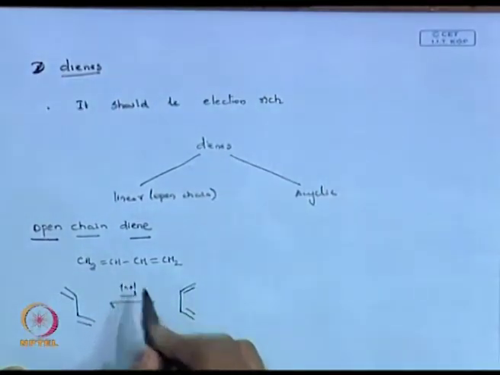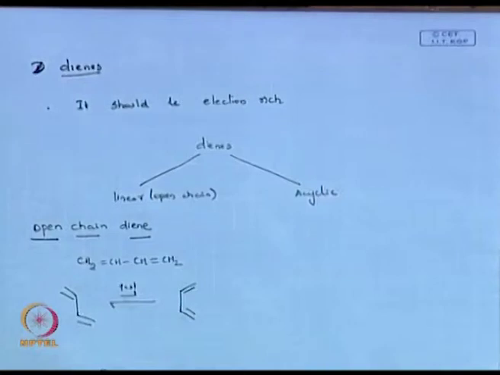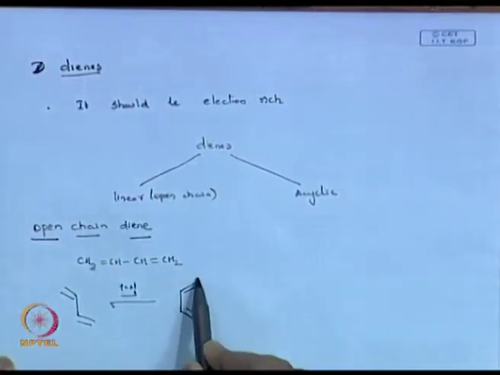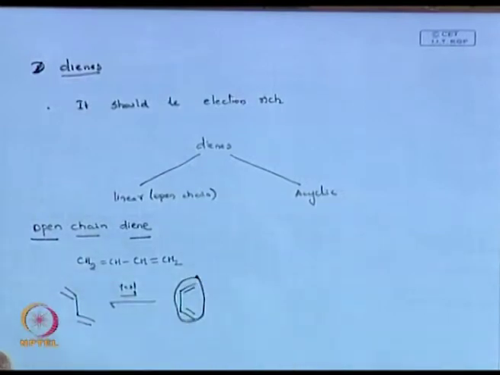Butadiene can exist in a transoid form and a cissoid form. Which geometry should it have to do a Diels-Alder reaction? This is the preferred one: it should be in cissoid form.